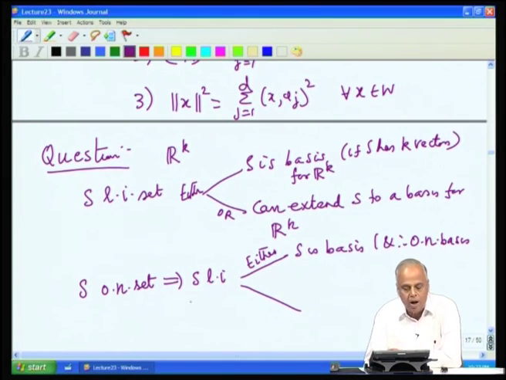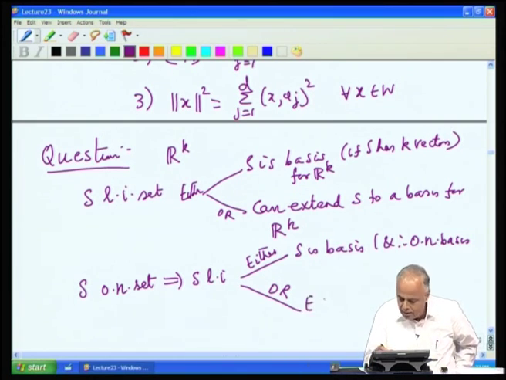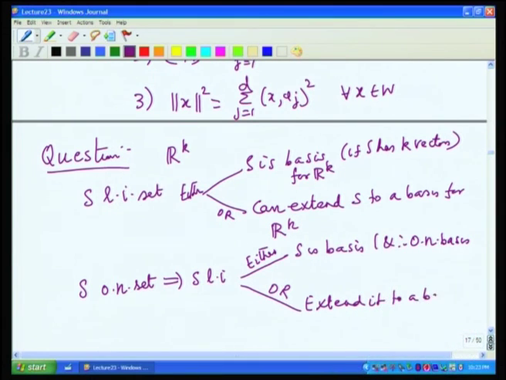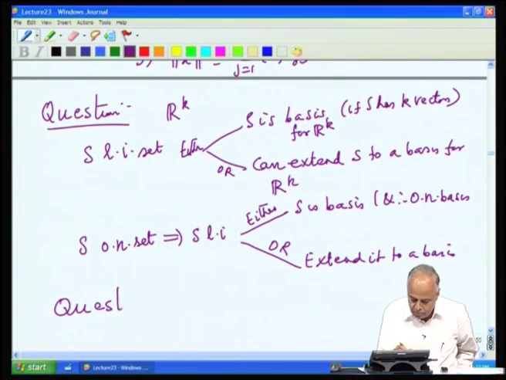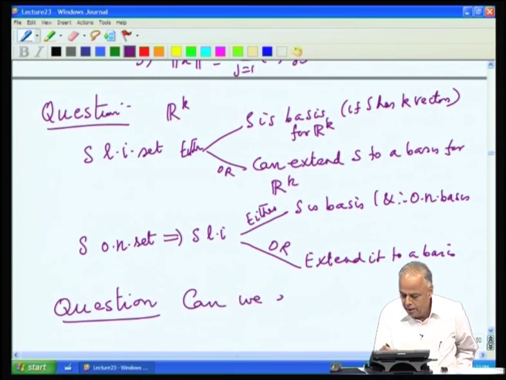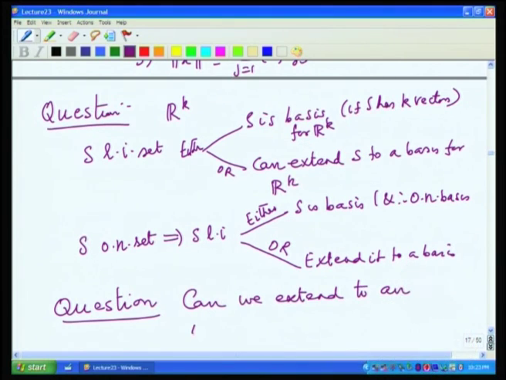But if it does not have k vectors, we can extend it to a basis, but we do not know whether what we have extended to is an orthonormal basis. So, the question is, can we extend it to an orthonormal basis?